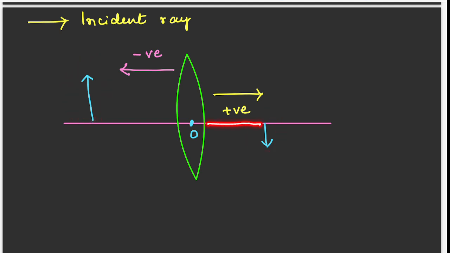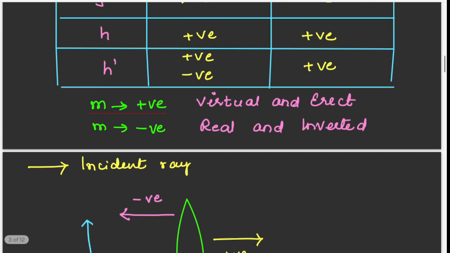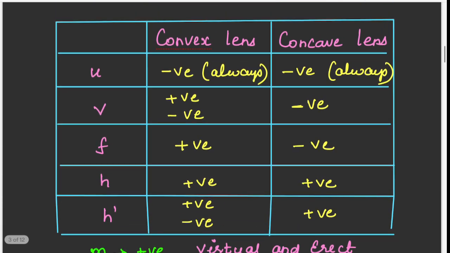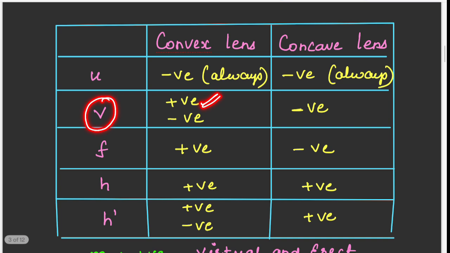If it is formed here, then you measure the distance from the optical center in this direction, and it will be positive. If you are measuring in the opposite direction, then the image distance will be negative. Therefore V can be positive or negative depending on where the image is formed.